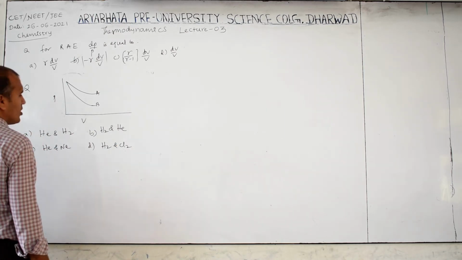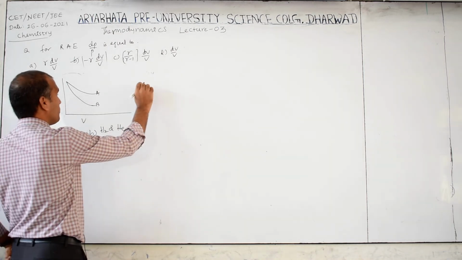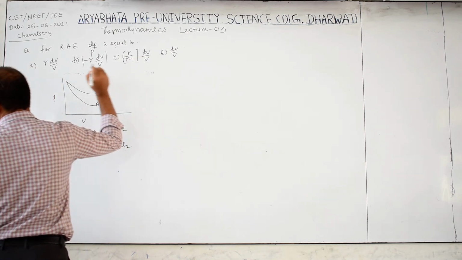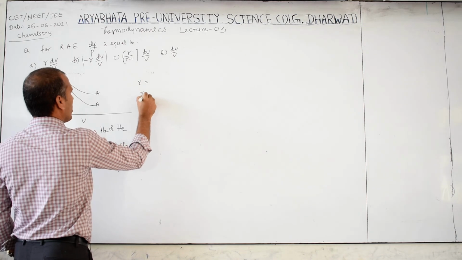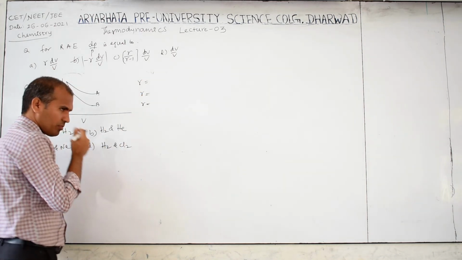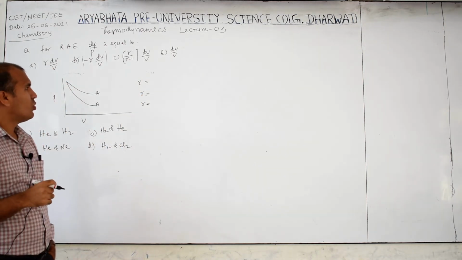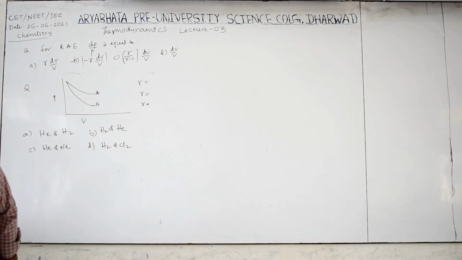Okay, so now you may know these values of gamma for monoatomic gases. I don't remember them suddenly, so I will check here.